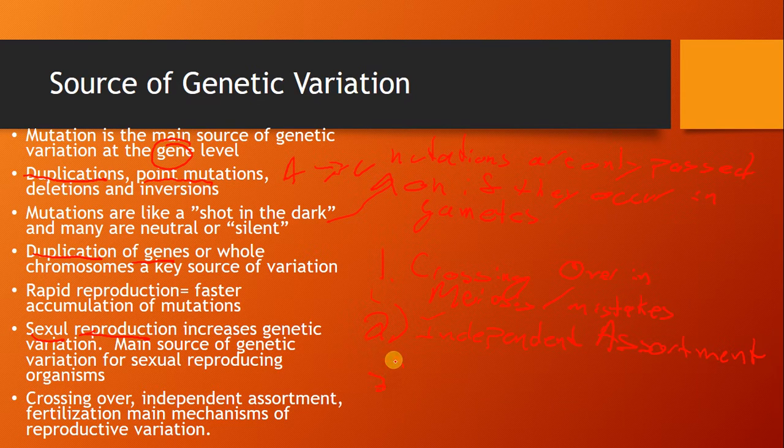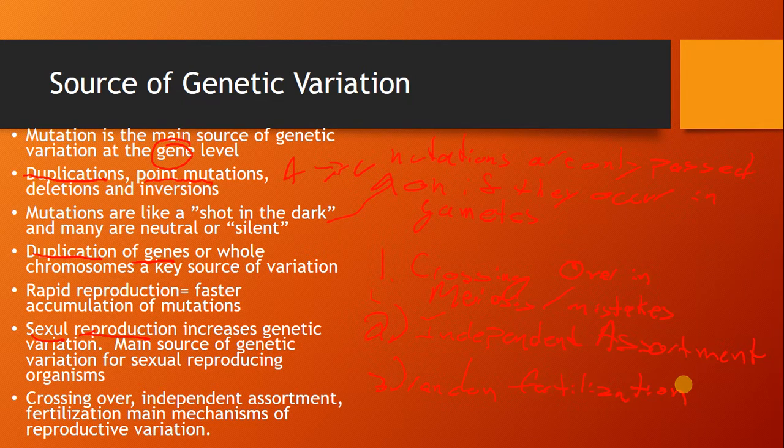And then 3, random fertilization. So any one of the trillions of different sperm cells or trillions of different egg cells made can fertilize each other. And so that's just another layer of different possibilities of genetic variation.